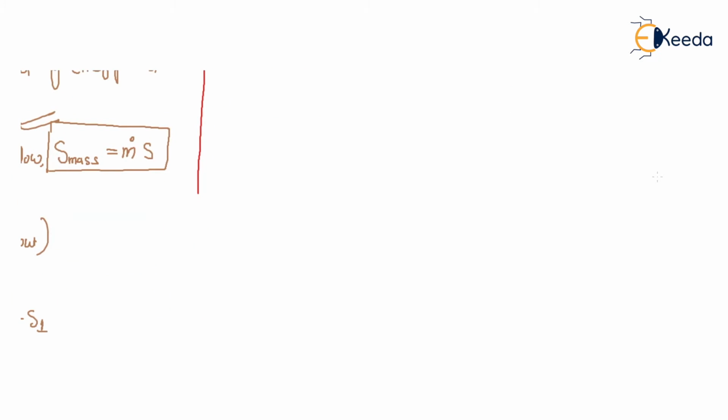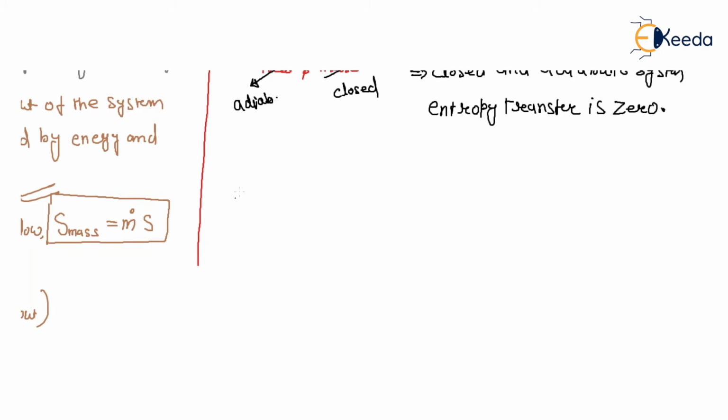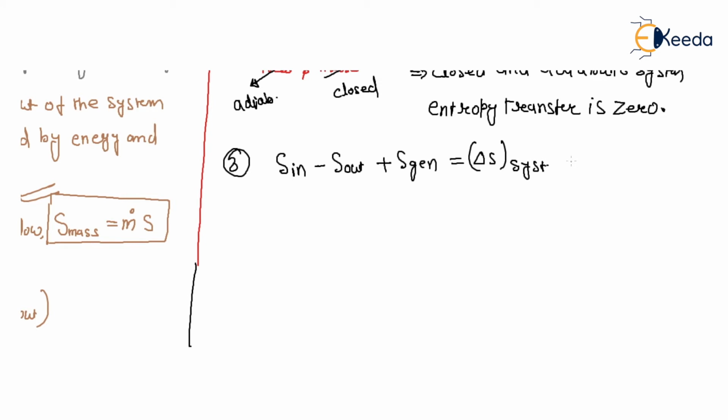Number third point is that, see, we know that S in minus S out, the entropy balance, plus S generation is equal to delta S of the system, right? This is your kilojoule per Kelvin.